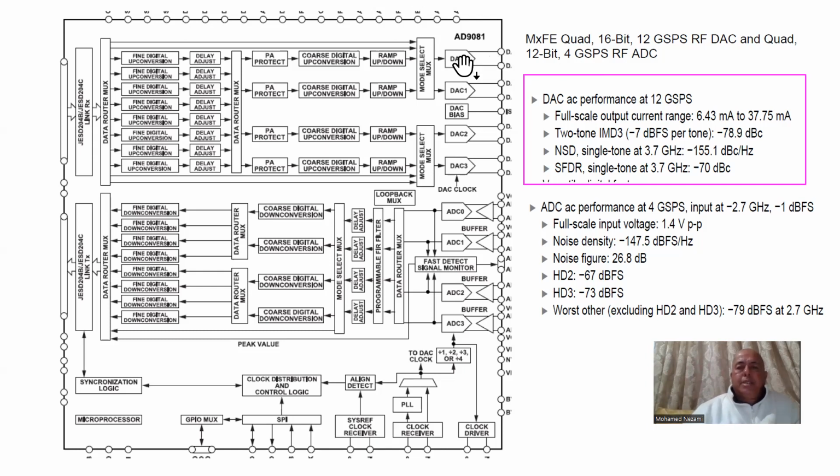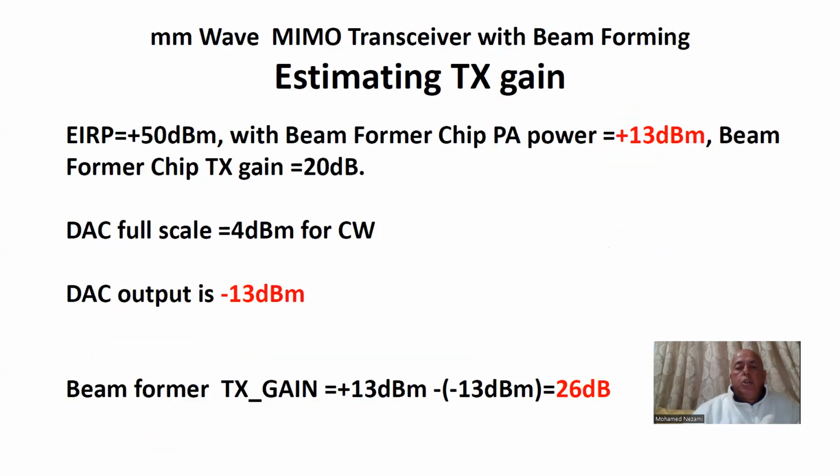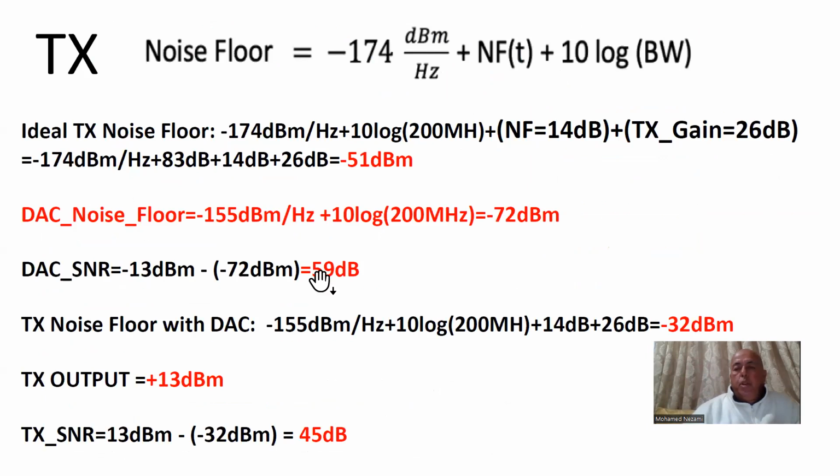For instance, in this case, the noise floor of this DAC is at minus 155 dBc per hertz from full scale, okay? We're running it at minus 13 dBm, so we can integrate the NSD over the bandwidth and calculate the noise-to-signal ratio. And that's what we're going to do for the entire system as we walk through the whole transmitter.